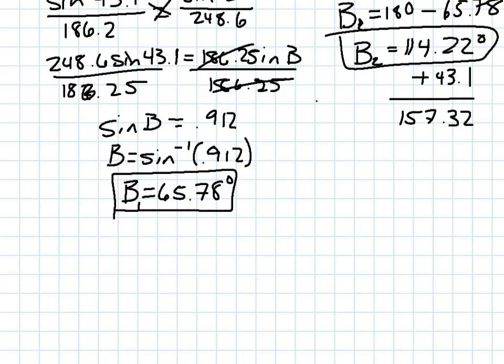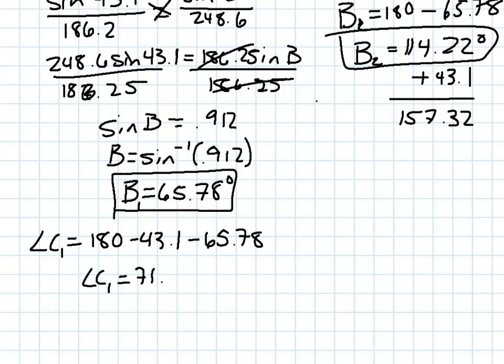now I need to find C for each. So angle C will be 180 minus 43.1 minus 65.78. That gives me an angle of 71.12.